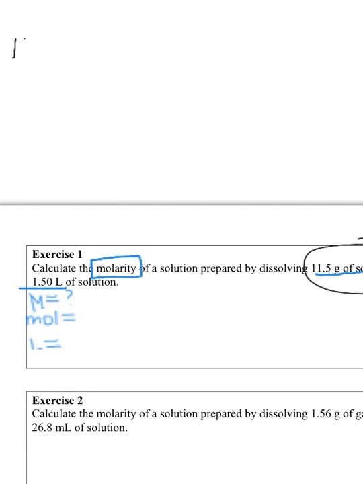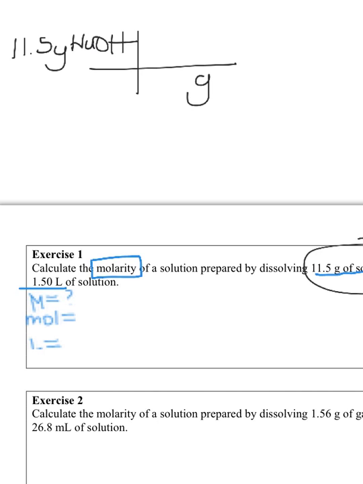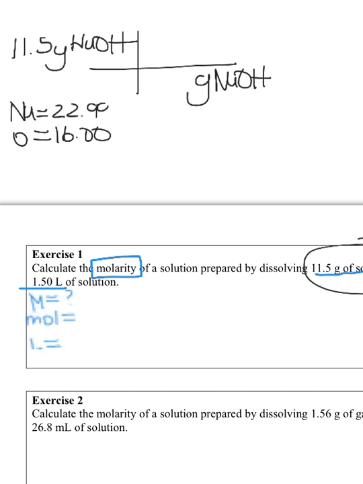11.5 grams of sodium hydroxide. And if I'm converting that to number of moles, that means I need to divide by molar mass of sodium hydroxide. And if I check the periodic table, sodium is 22.99, oxygen is 16, and hydrogen is 1.01.